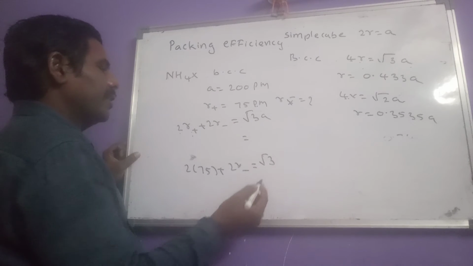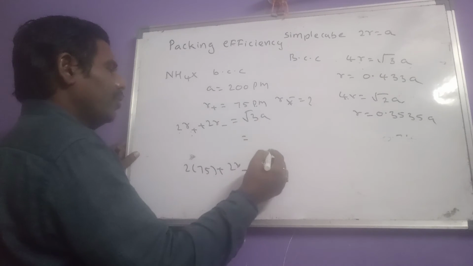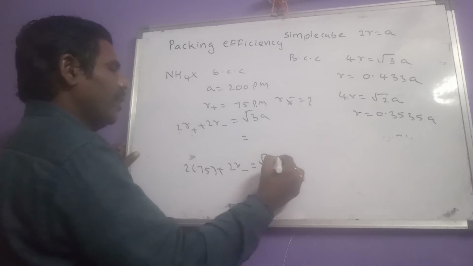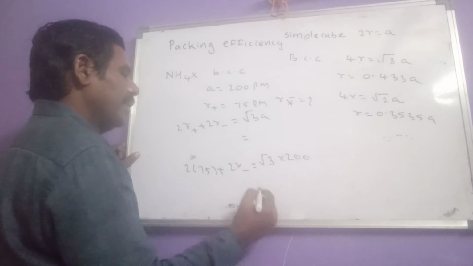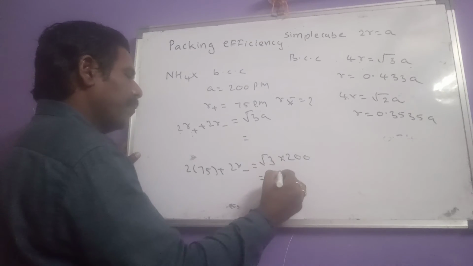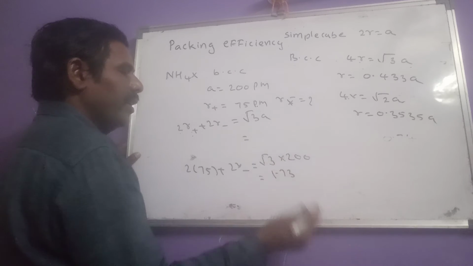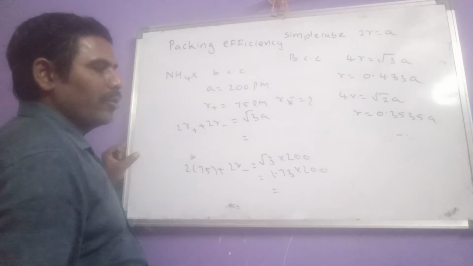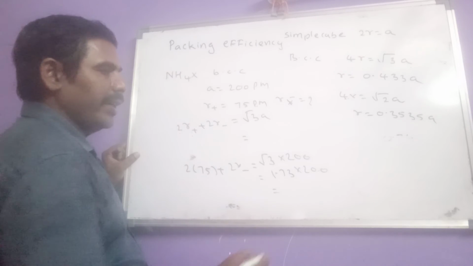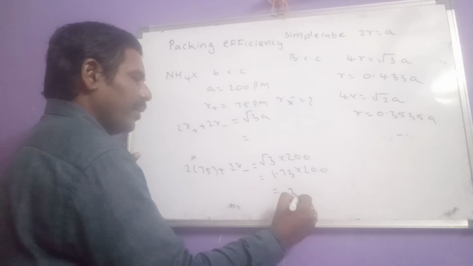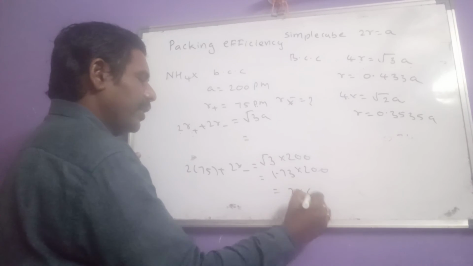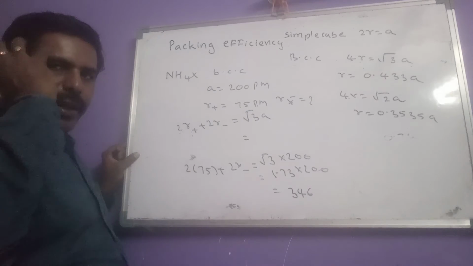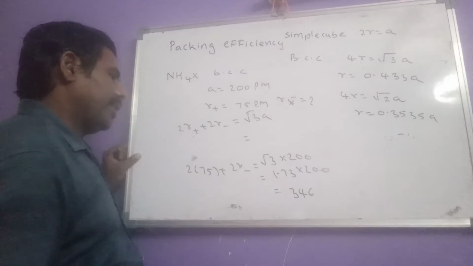Root 3 value is 1.73, into 200. 1.73 into 200, how much can we get? 346.